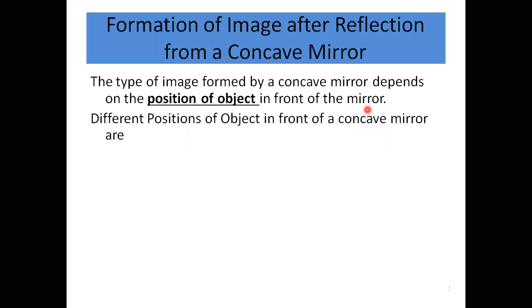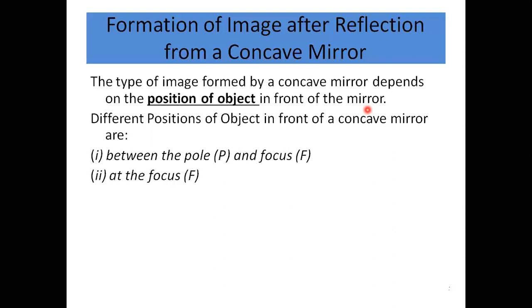The different positions of the object can be specifically these six. First, between the pole and the focus. Second, at the focus. Third, between the focus and the center of curvature of the concave mirror.